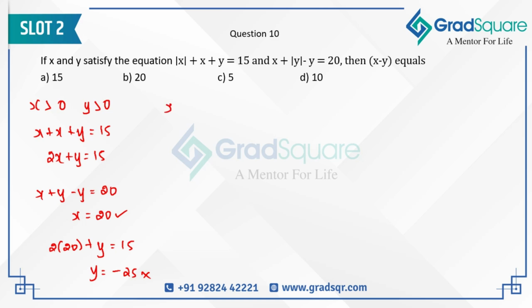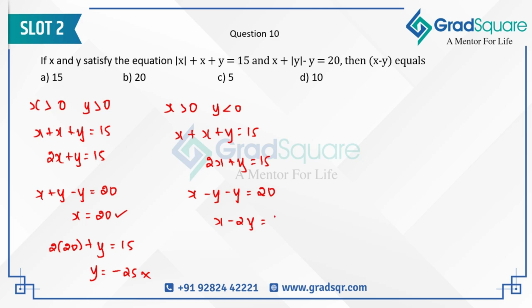Now let me keep the value inside the modulus x to be positive and y to be negative. Then the equation will become what? x plus y to be 15, so 2x plus y equal to 15, and the second equation will be x minus of y to be equal to 20. So x minus 2y equal to 20.